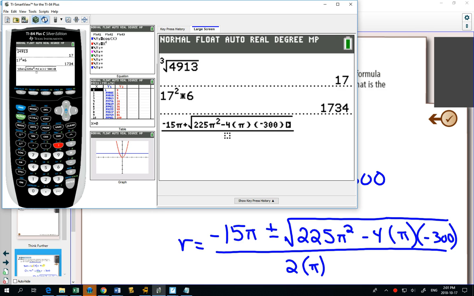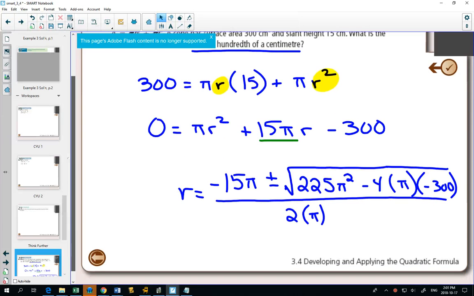So you can type it in exactly as you have it written down. And on the bottom, I have 2 pi. I can type it in exactly as I have it written, push enter, and I get 4.81. Rounded to the nearest hundredth would be 4.82.